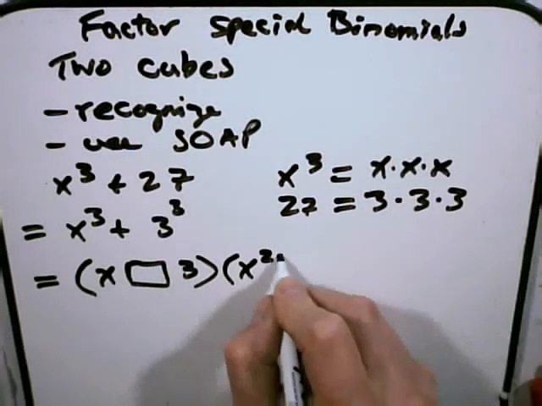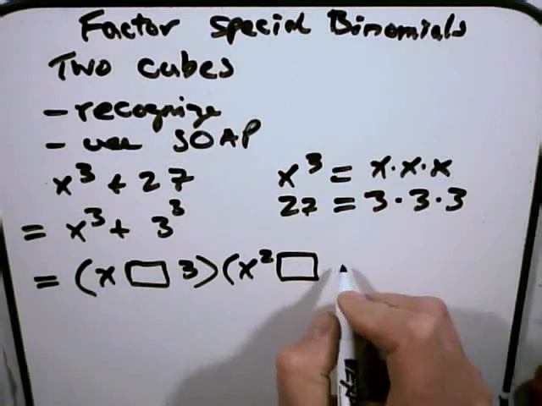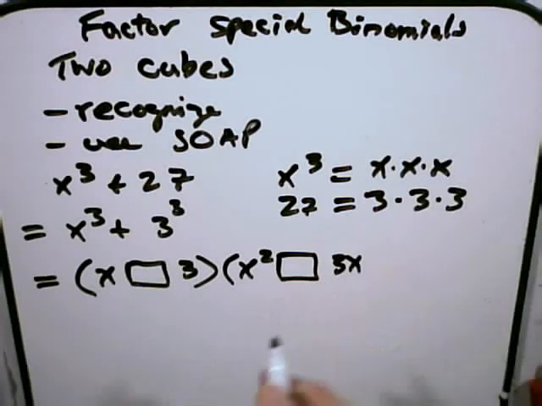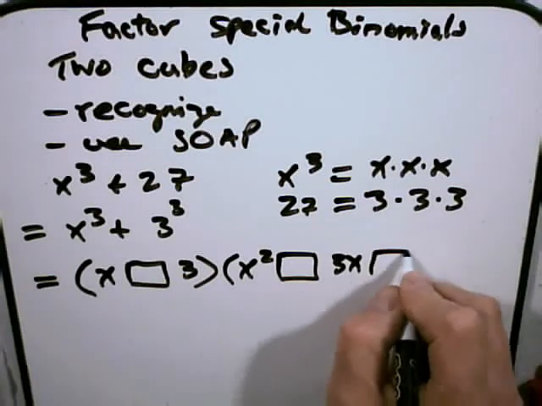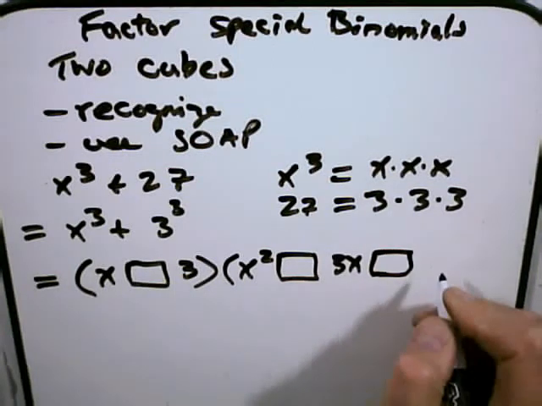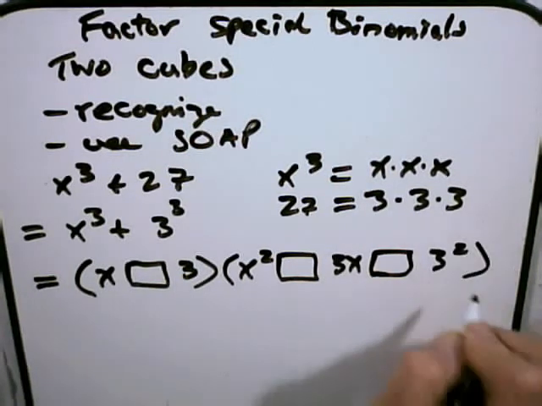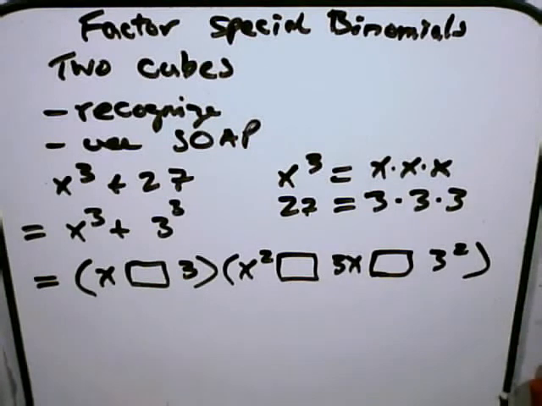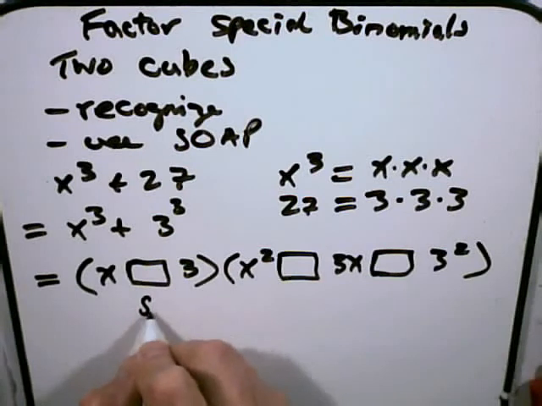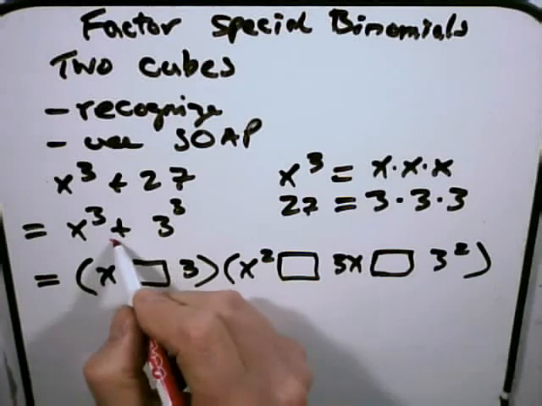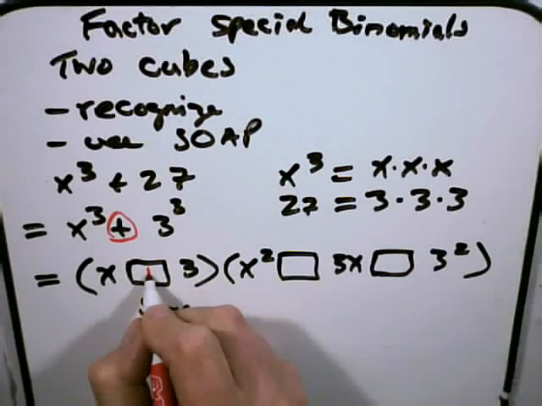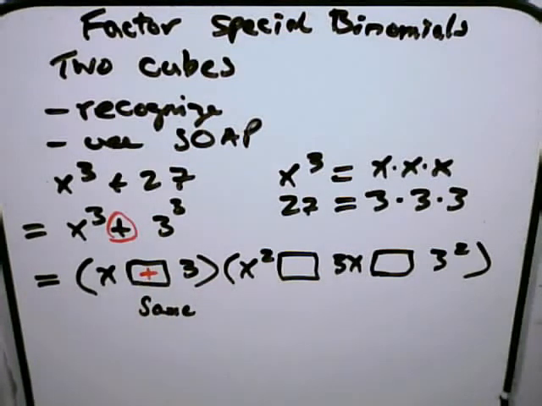It's going to have that first term with some sign here, and we're going to be multiplying the two basic terms together, that is the 3 and the x together, with another sign, and then we're finally going to take that last term and square it. Okay, this is where SOAP comes in. What's the sign here? Well, it turns out that's going to be the same sign. So since the original sign was plus, I'm going to put a plus right there.